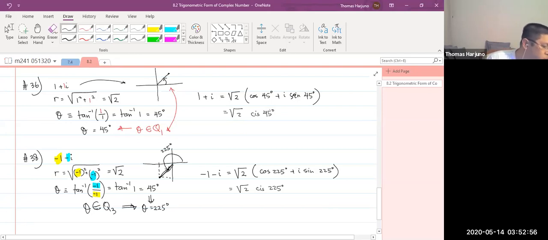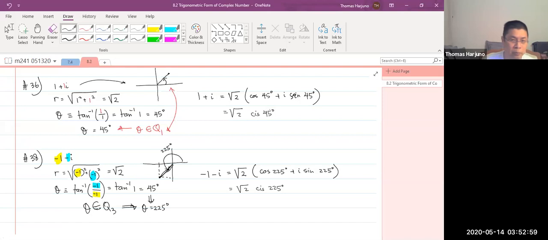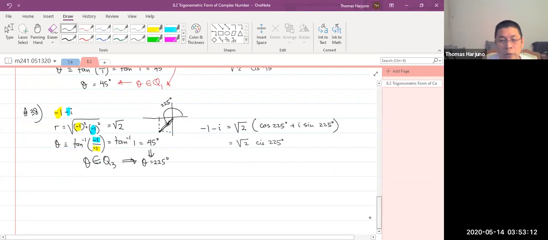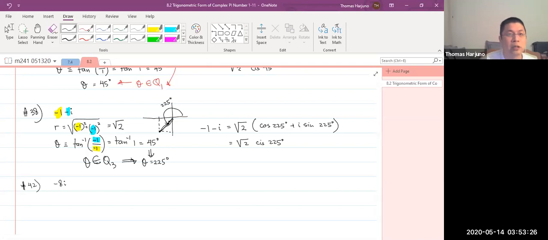Now, I want you to do some problems. There are times, however, once you sketch it, you know the theta right away. For example, one of the questions you see later is number 42, negative 8i. This is basically 0 minus 8i, right?